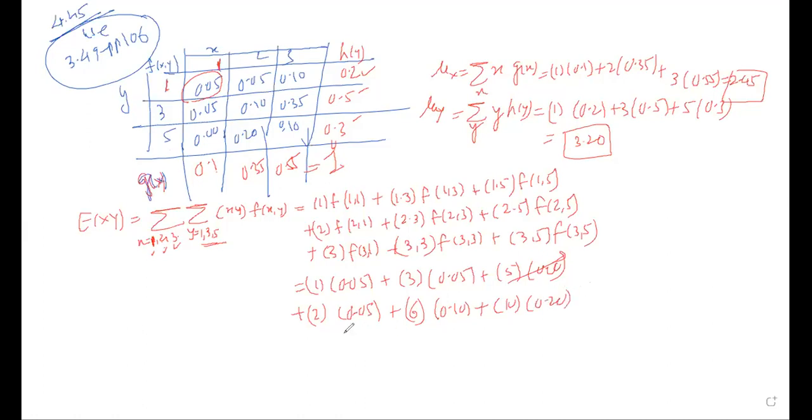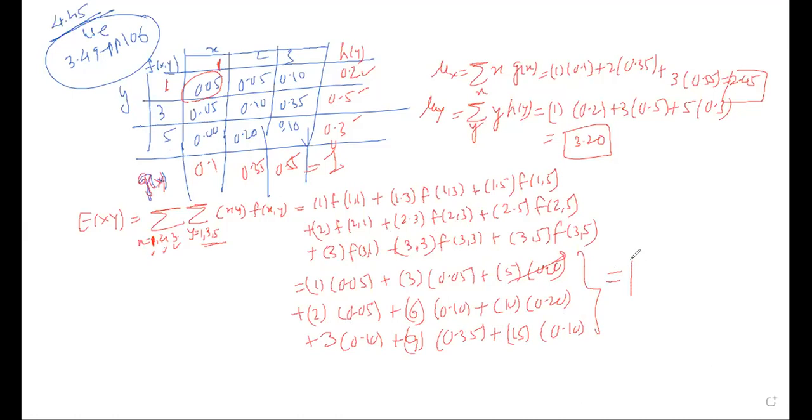So 0.20, plus, the last part is 3, and f of 3 and 1 is 0.10, 0.10 plus f of 3 and 3, here it is 3 times 3, that is equal to 9, and 3 and 3, that is equal to 0.35, plus f of 3 and 5, so 15 times f of 3 and 5, 0.10.